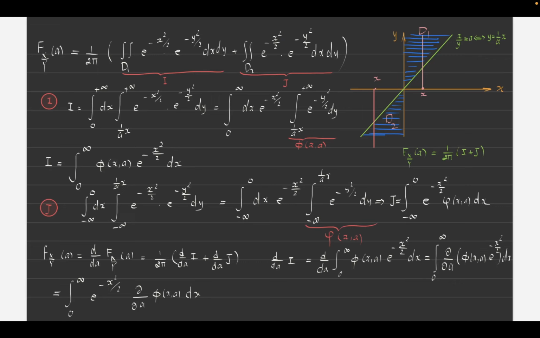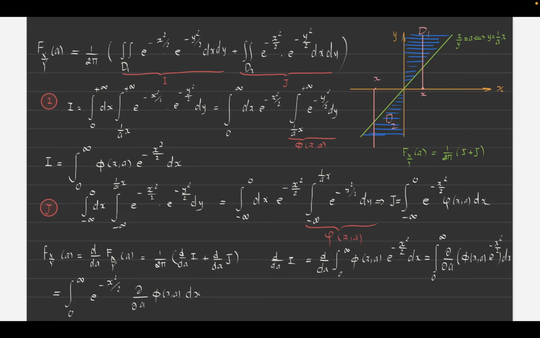Now let me change my color. My goal is to differentiate this with respect to a, and you can use the first fundamental theorem of calculus. But for that, the variable a should be in the upper limit, and it is not there. That's not a big problem, because I can write a minus sign and flip these two.